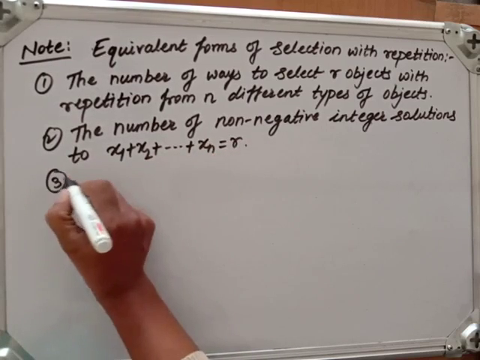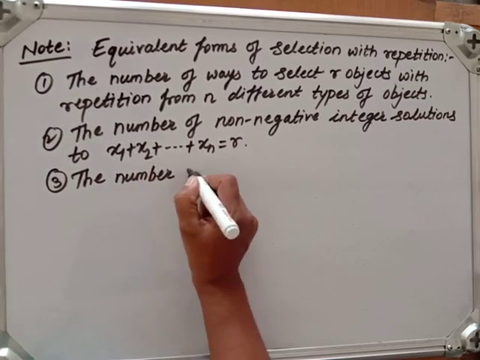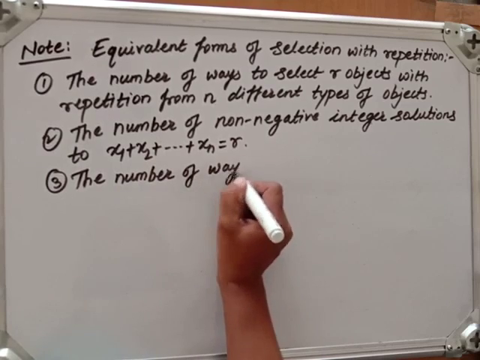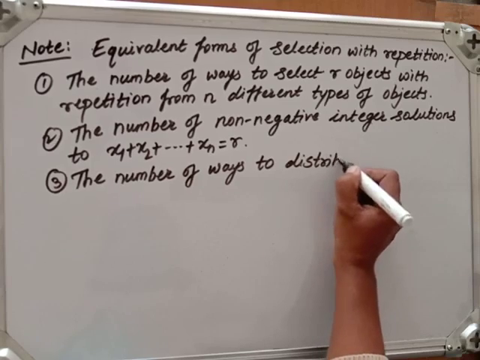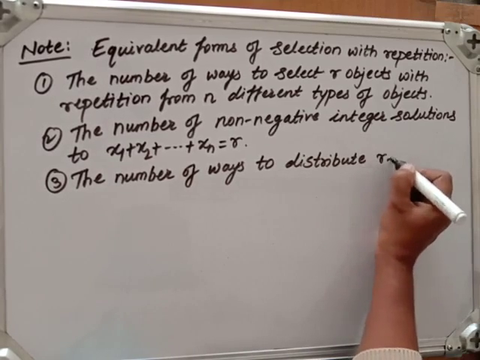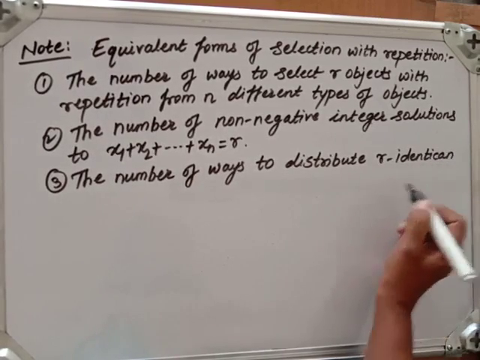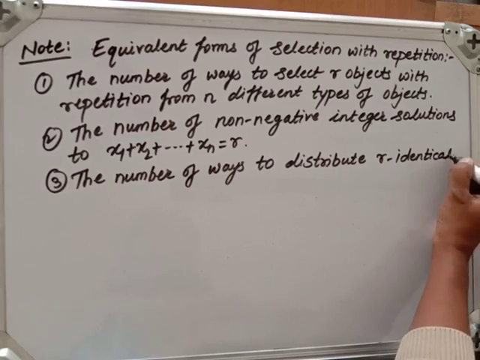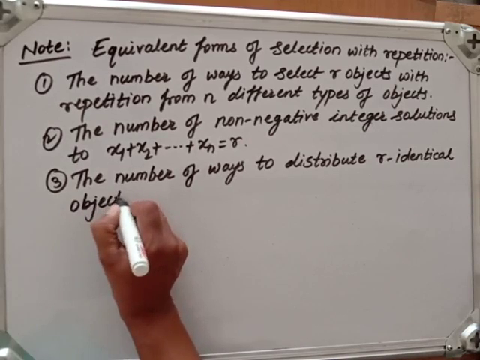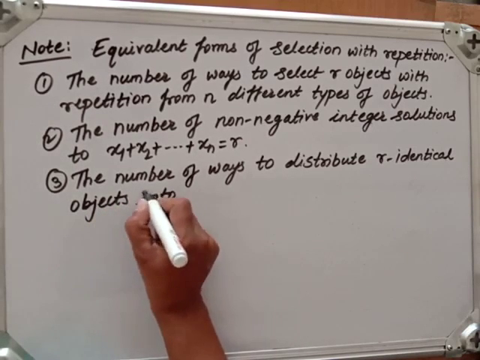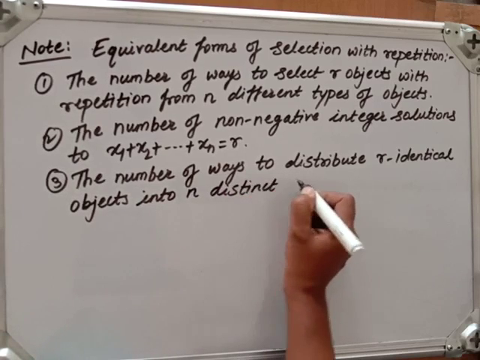And the third one: the number of ways to distribute r identical objects into n distinct boxes.